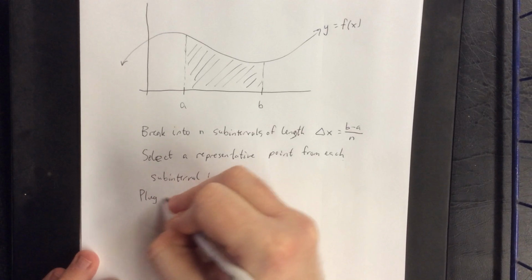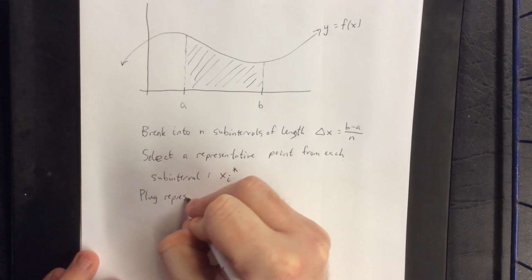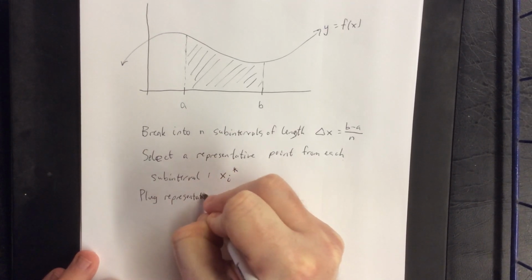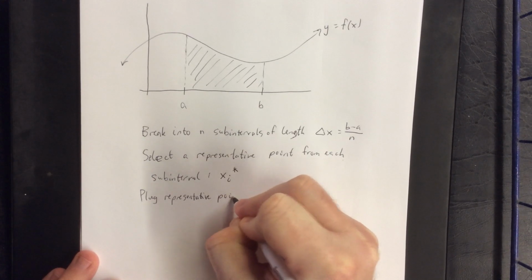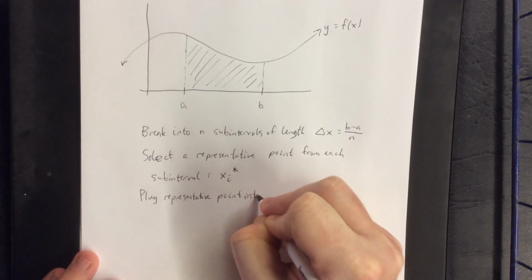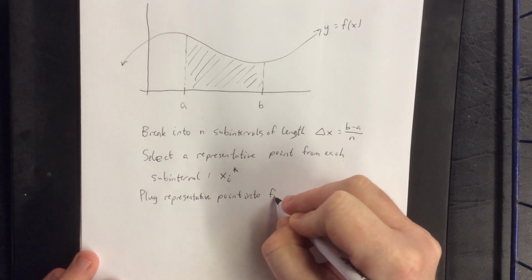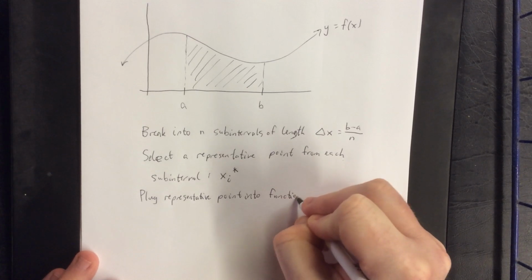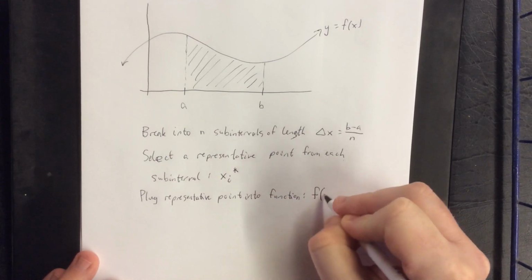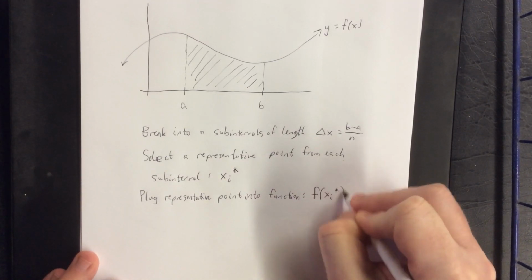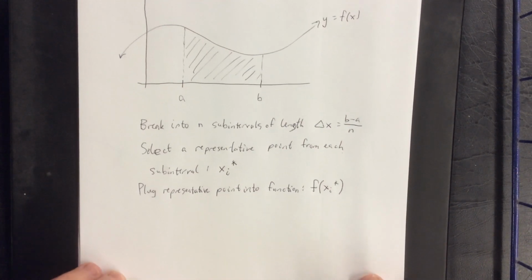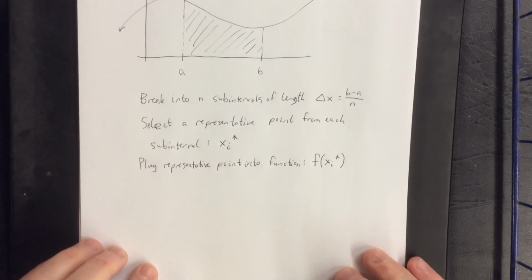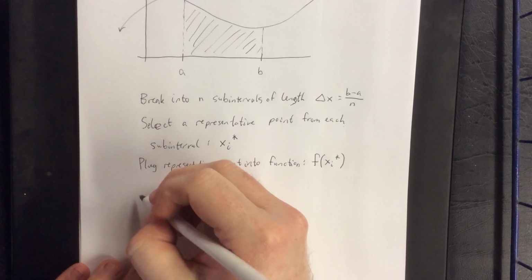Then we plug the representative point into the function, which gave us f of x sub i star. Now we turn that into the height of a representative rectangle.